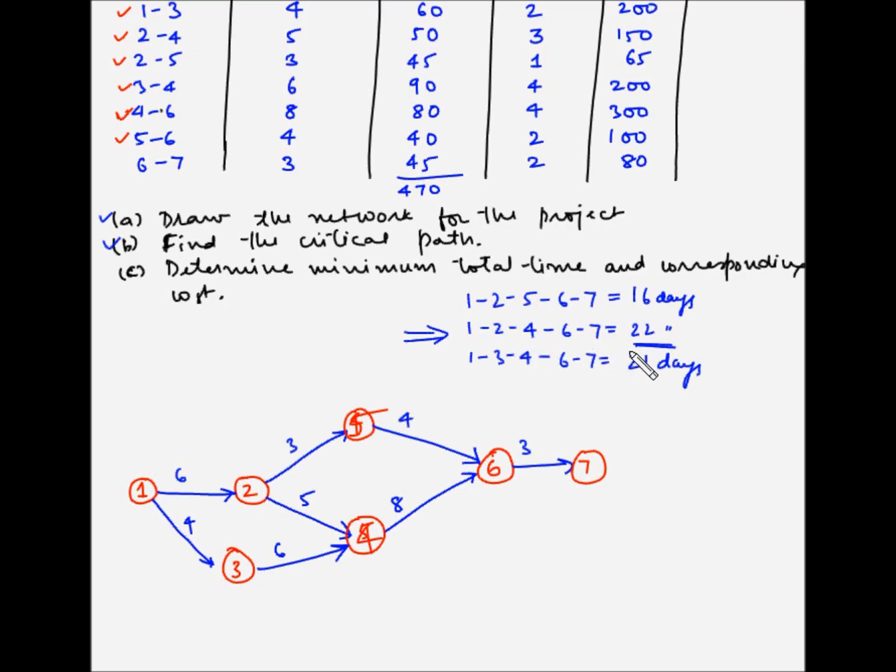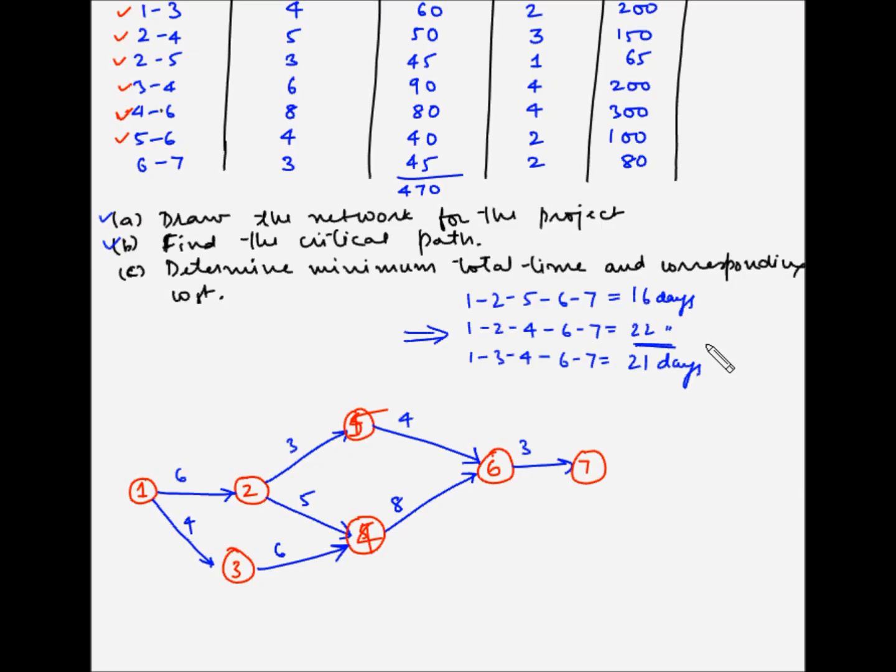Now one thing to note is that there is a very small difference between the duration of these two paths. So this is 22 days and the other one is 21 days. So as soon as we crash the current critical path by 1 day, we get two paths as critical paths.